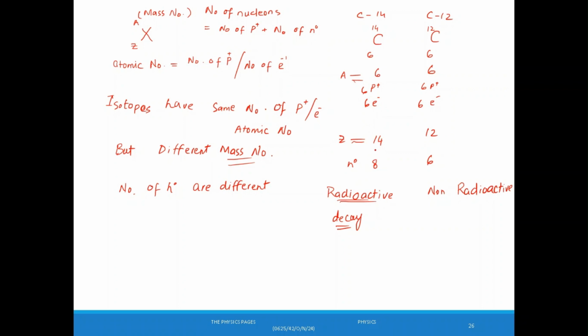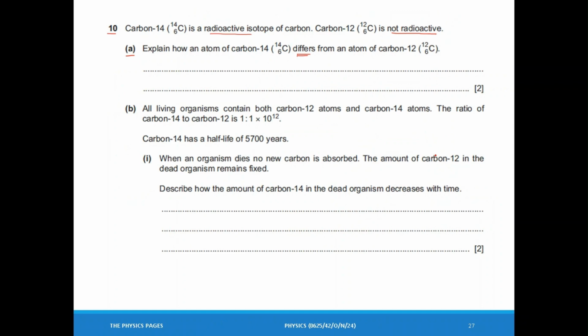It has 8 neutrons and carbon 12 has 6. So I would write this answer as: carbon 14 contains 8 neutrons, whereas carbon 12 has 6. So carbon 12 has two fewer neutrons than carbon 14.